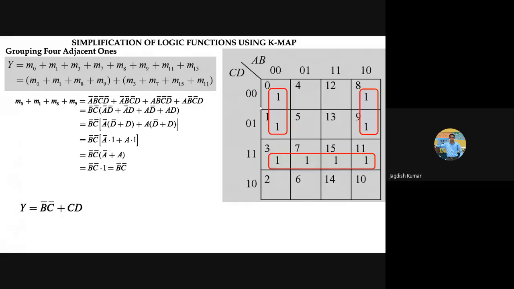B complement and C complement. So the simplified form for this K-map is B complement, C complement. That is how, if you can locate a group of 4 ones, we can also simplify the final Boolean expression. Is this okay, or any question on this part?